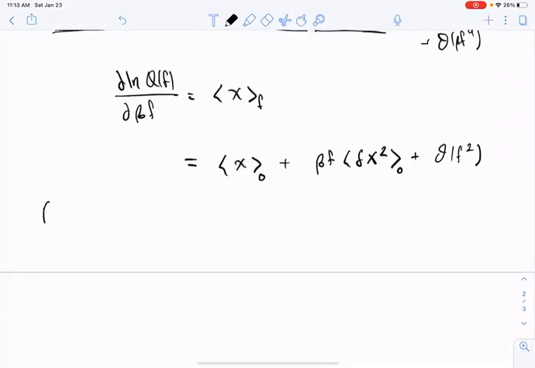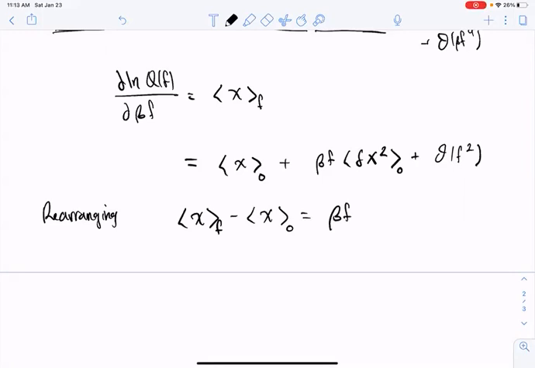So rearranging, we find that the average of X in the presence of the force less its value in the absence, so the change in the average position, is equal to beta F times the fluctuations of X in the absence of the force, as long as F is small.